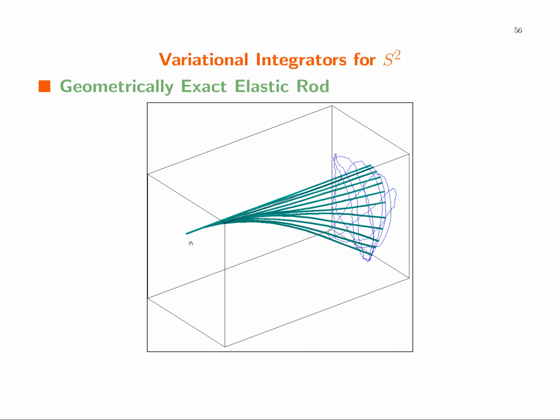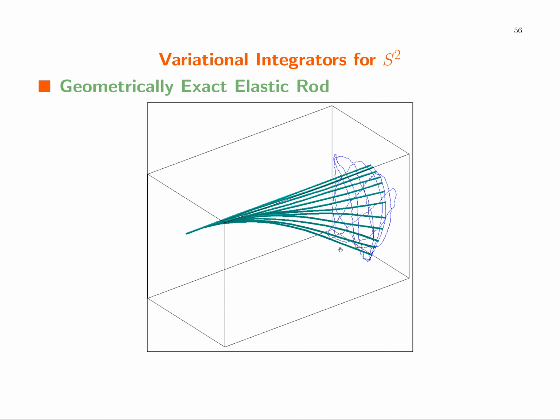So this is an example of an approximation of a rigid rod. In practice, it's a chain of something like 10 spherical pendula, with a term which penalizes relative angles between the spherical pendula.